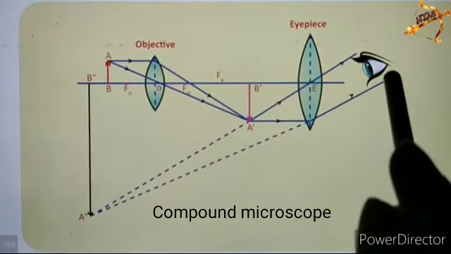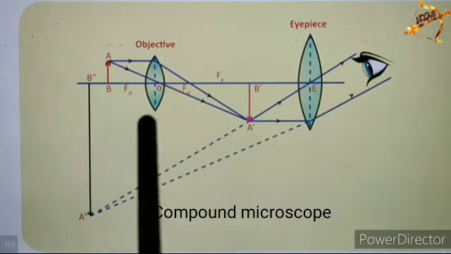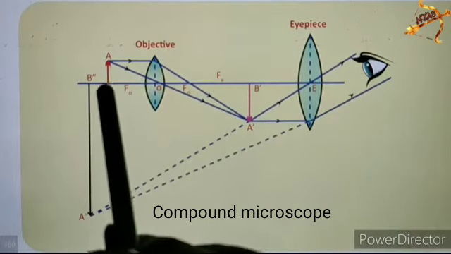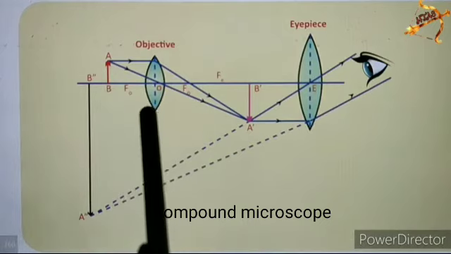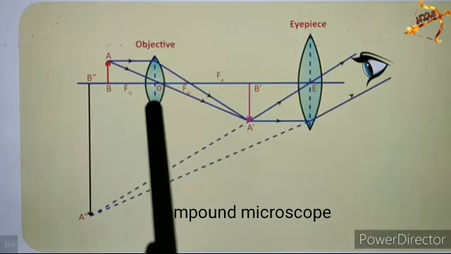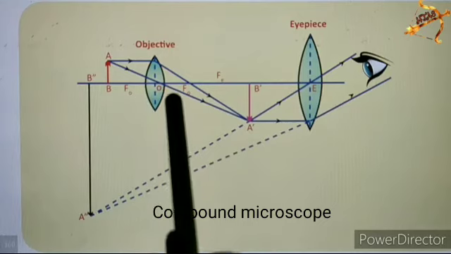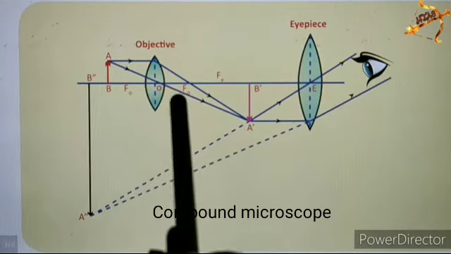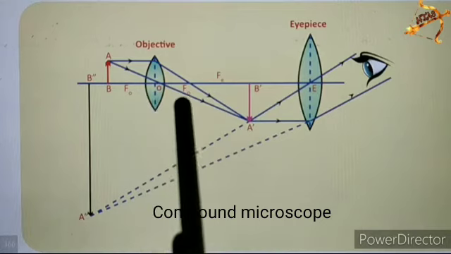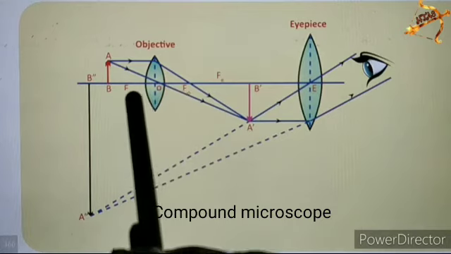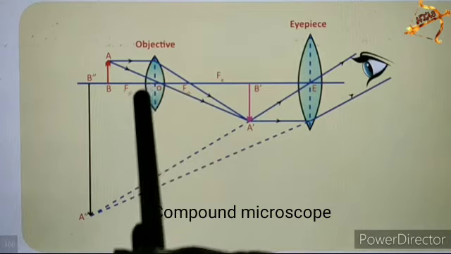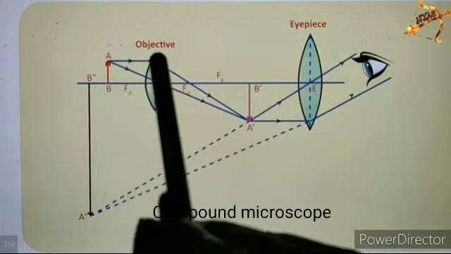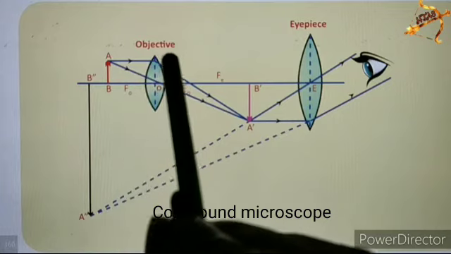Compound microscope. A compound microscope is also used to see tiny objects. It has better magnification power than a simple microscope. Construction. A compound microscope consists of two convex lenses. The lens with the shorter focal length is placed near the object and is called the objective lens or objective piece.